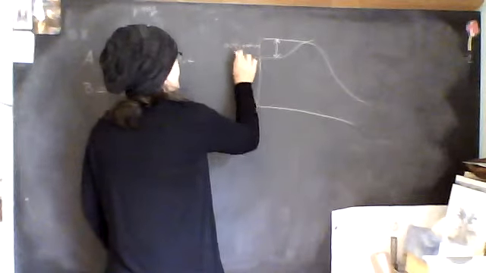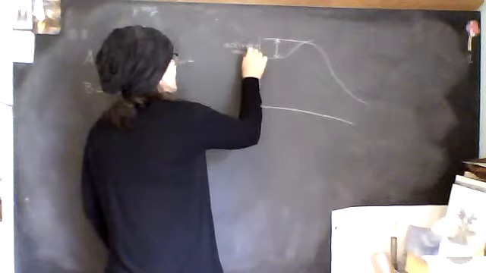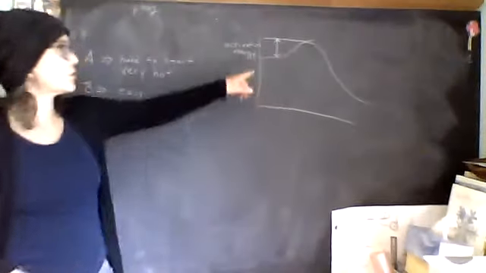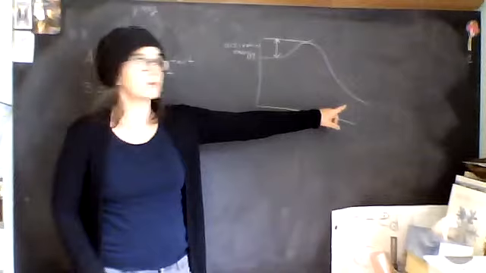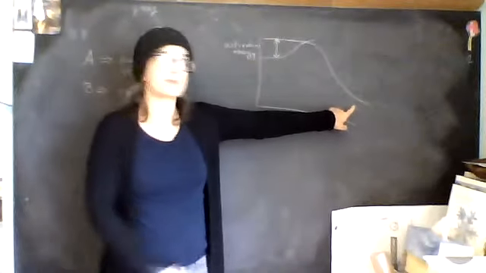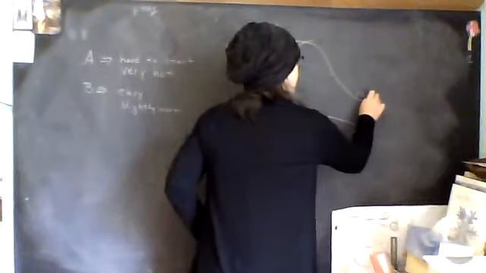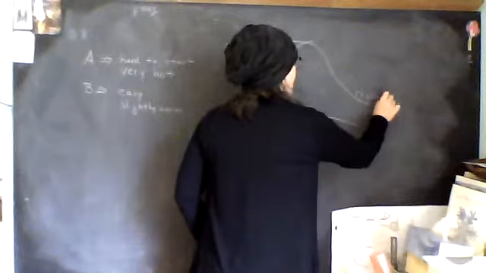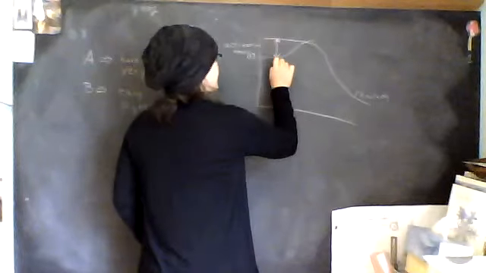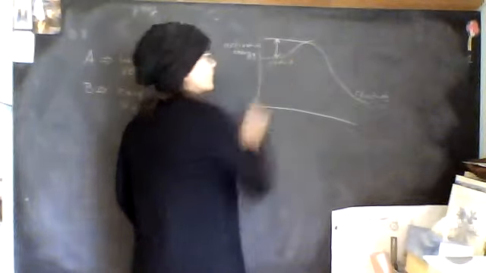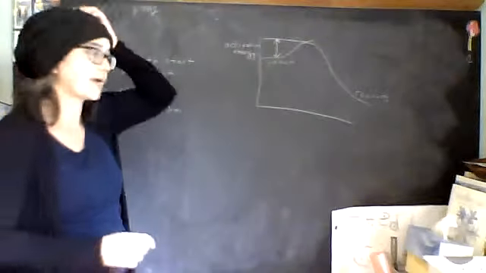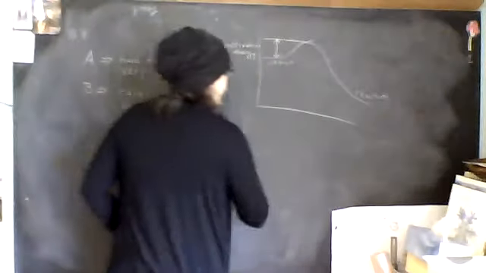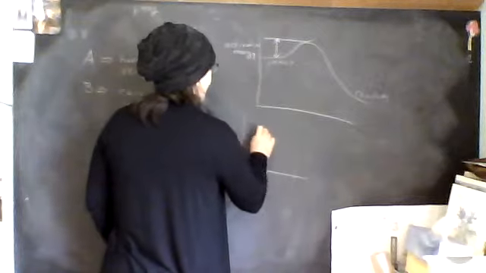Now, if it's an exothermic reaction, look, the reactants' energy level will be higher than the product energy level, right? This is an exothermic reaction. If it's endothermic, we'll have something different.